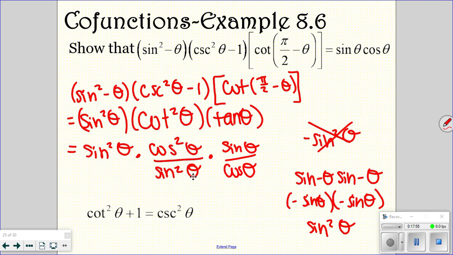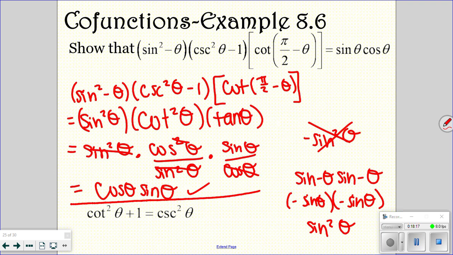And so I can simplify that sine squared and that sine squared, and I can simplify one of the cosines here. They cancel out, so that I'm left with cosine times sine. And that is what that equals over there. So that is my answer. All of this work.